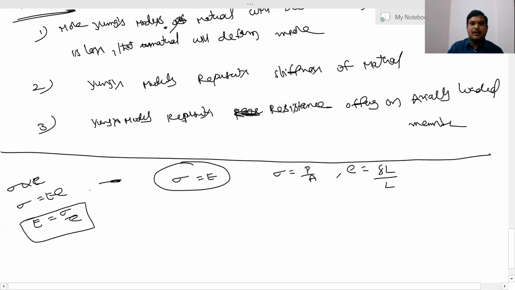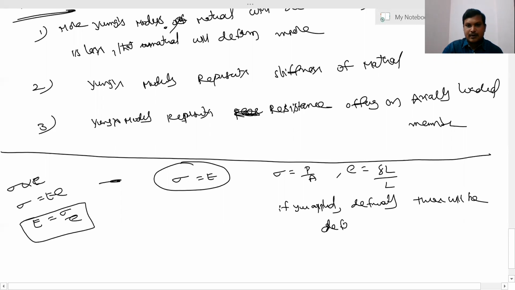So we know that if you apply load, definitely there will be a deformation of a body.